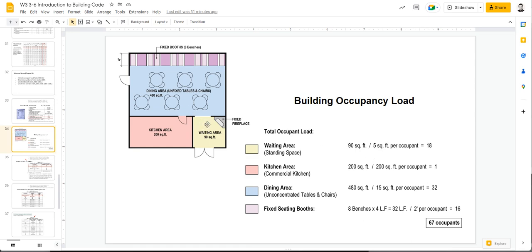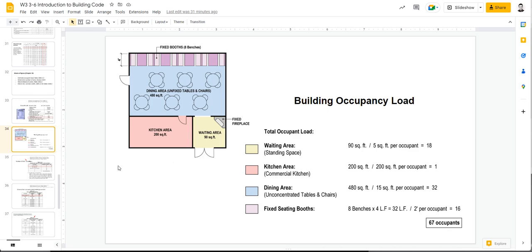Since there is actually no door here, this is not going to be considered different. But once you label that area, the building permit or plan review will look at that area as what you've labeled it, and they will calculate the occupant load based on what you say it would be. So you have to be careful with how you name your rooms.